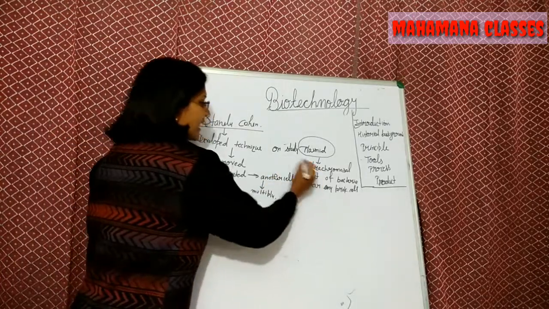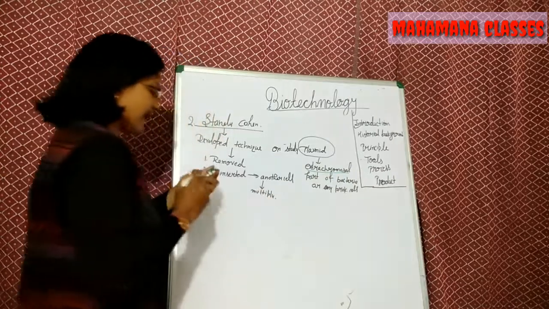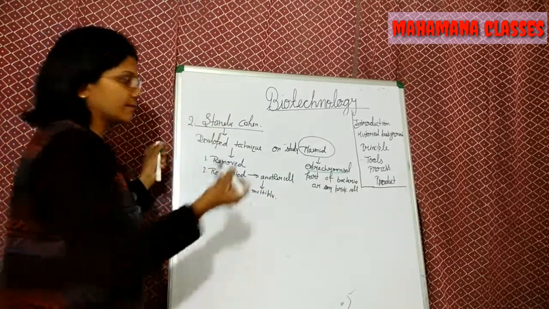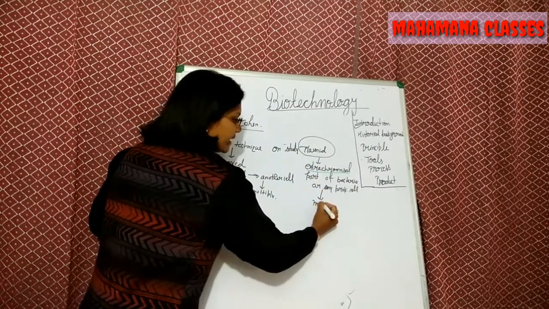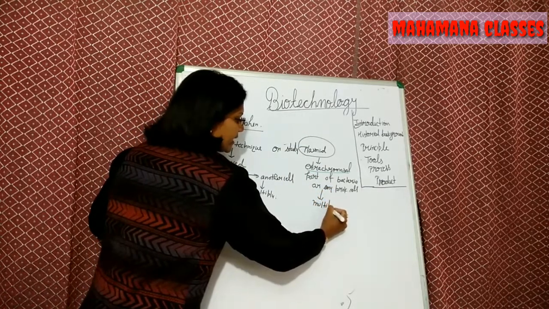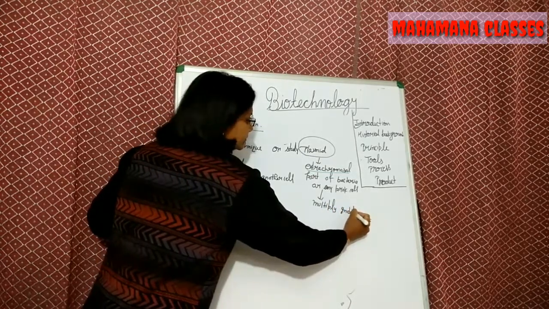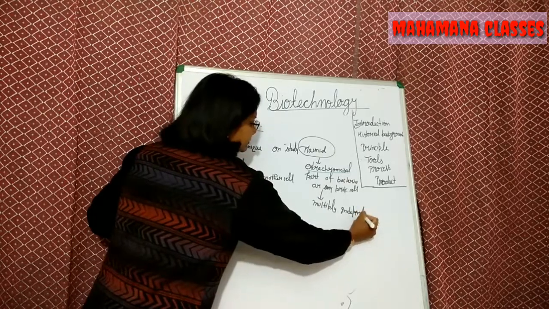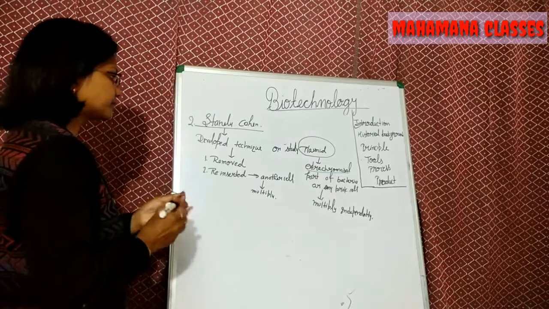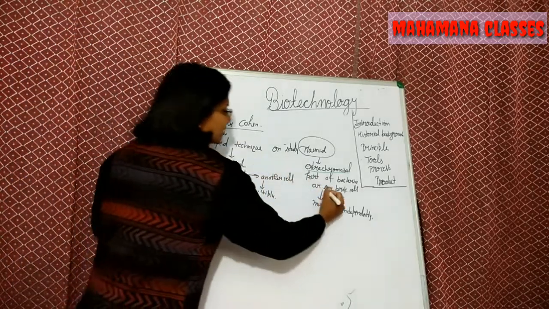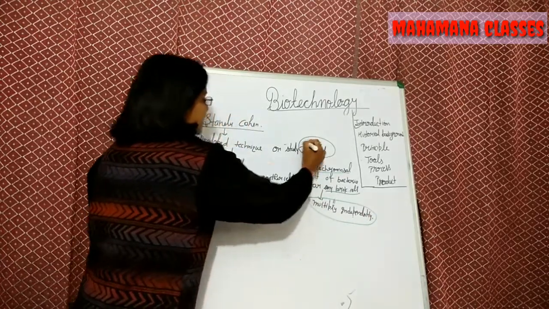Because, although it is extra chromosomal, it is a form of DNA, so it multiplies independently. It is a very important point. So it is an extra chromosomal part of a prokaryotic cell and multiplies independently.